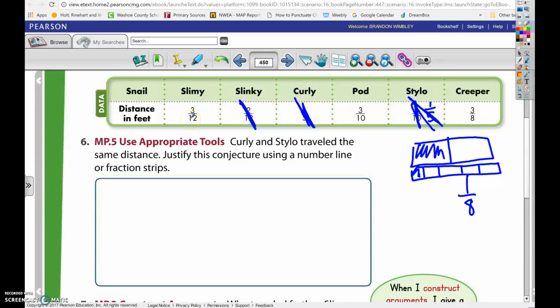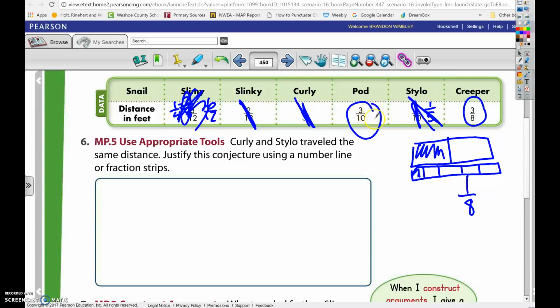And this Slimy 3/12, in order for it to be close to half, it would need to be a 6, which tells me it is very far away. I can also simplify this if I wanted to, divide by 3, and that would be 1/4. And I know 1/4 times 2 is 2/8 for an equivalent fraction, and 2/8 is less than 3/8. So I know it will not be Slimy, so I'm left with Pod.